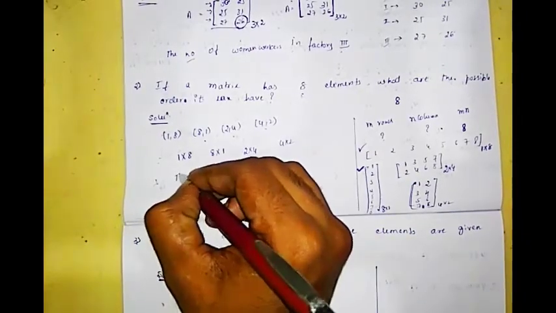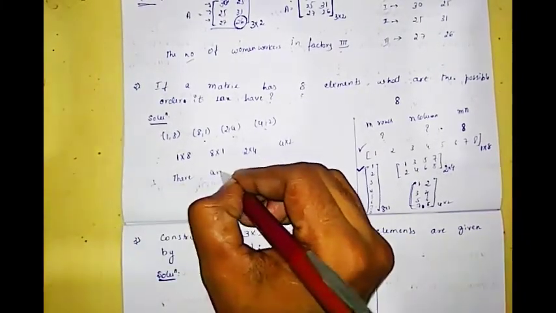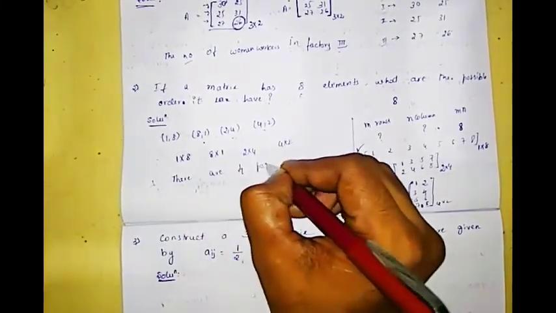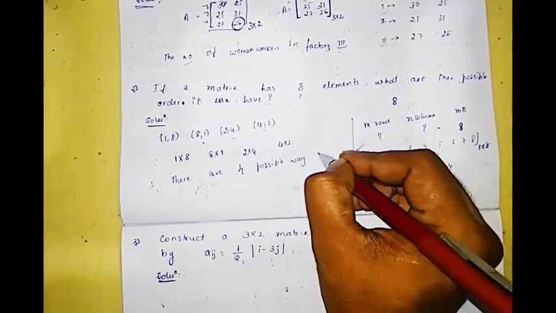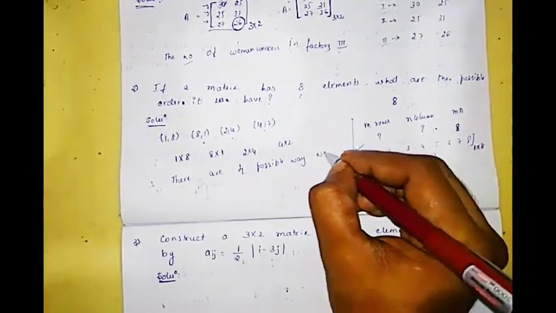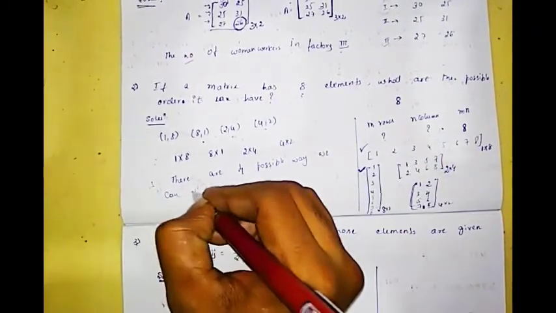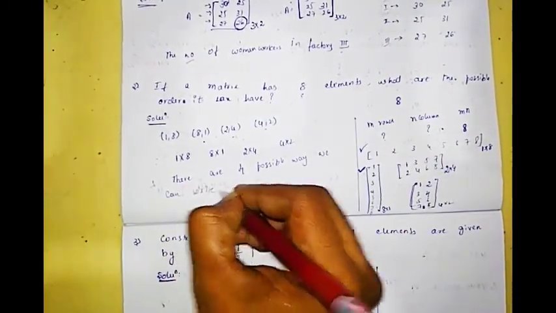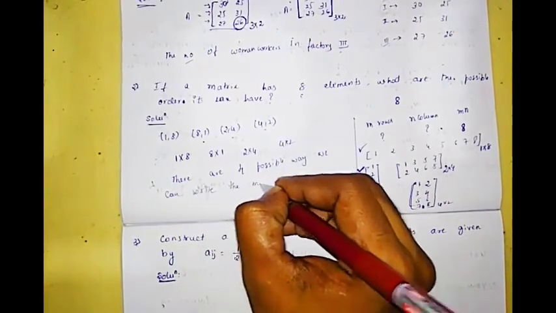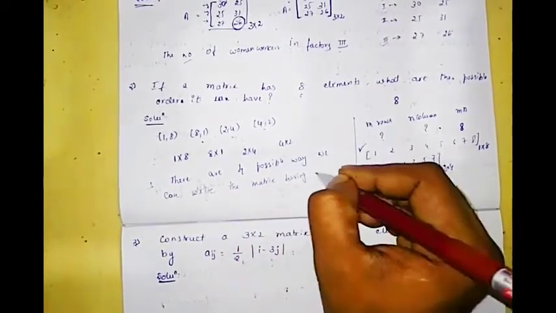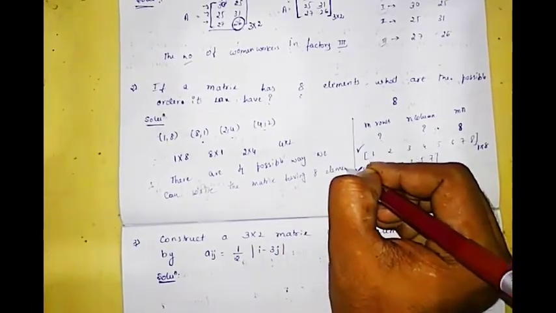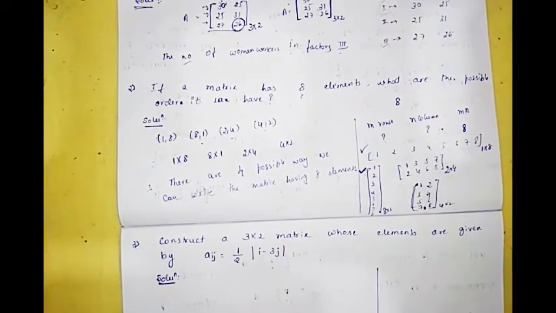Therefore, there are 4 possible ways we can write a matrix having 8 elements. Clear?